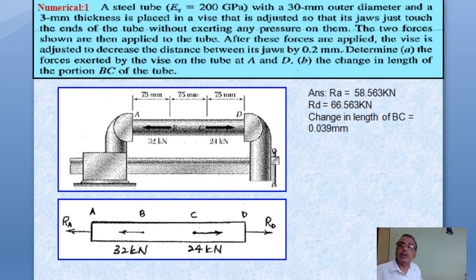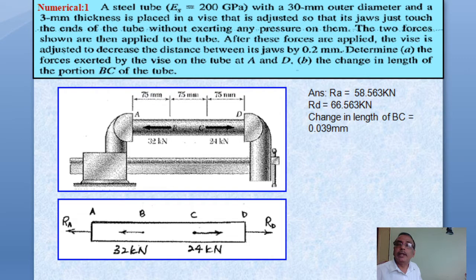In that case, the modulus of elasticity of the material is given. The outer diameter of the tube is given as 30 mm. The thickness is given as 3 mm. Outer diameter is known, thickness is known, so we can calculate the inner diameter: 30 minus twice t, that is 6 mm. So 30 minus 6, that is 24 mm, is the internal diameter. External diameter is 30 mm.